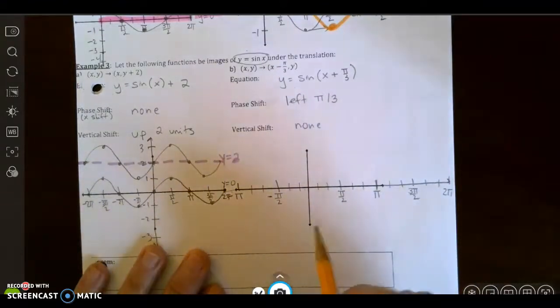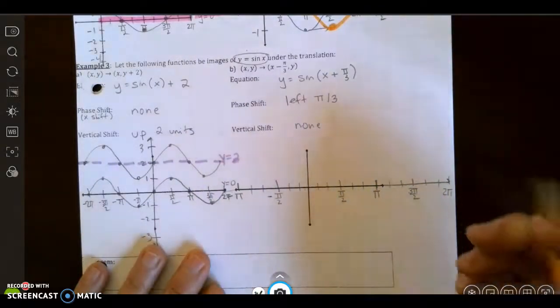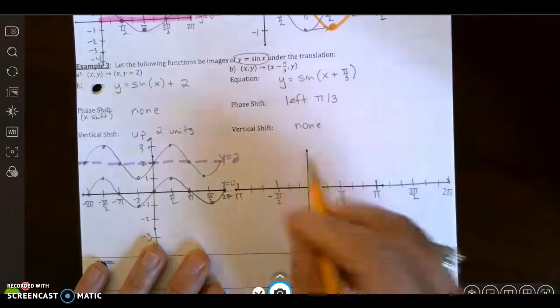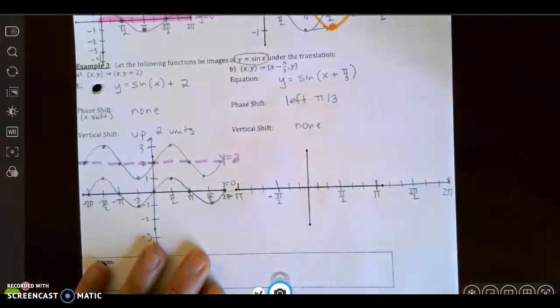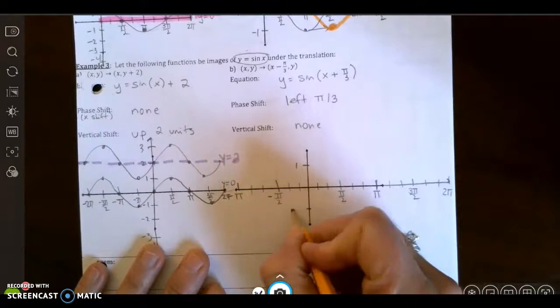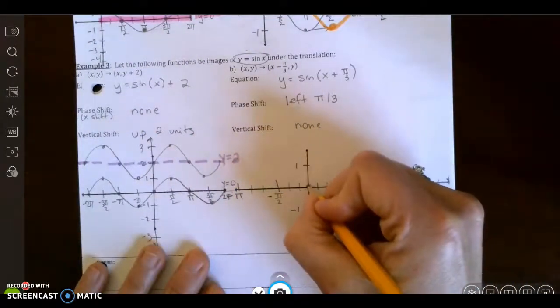But that's okay. We know that 2/6 is the same as 1/3, but that allows us to be able to move a third of a unit. Right. So let's first just draw my initial one. Let's not get too concerned yet with moving it. Let's just draw our initial sine curve.